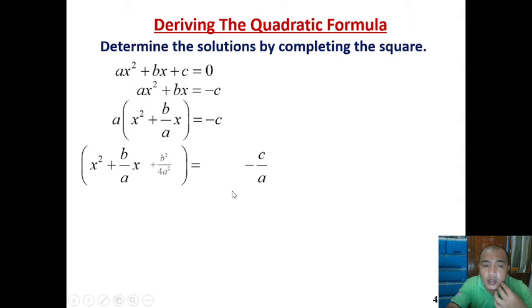What will we add here to complete the square? b over a divided by 2 is b over 2a. Square both sides of the equation.